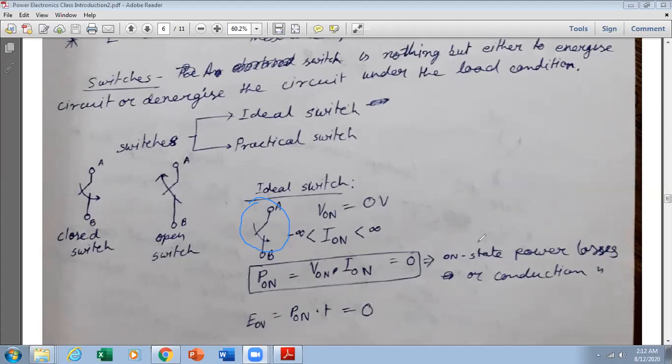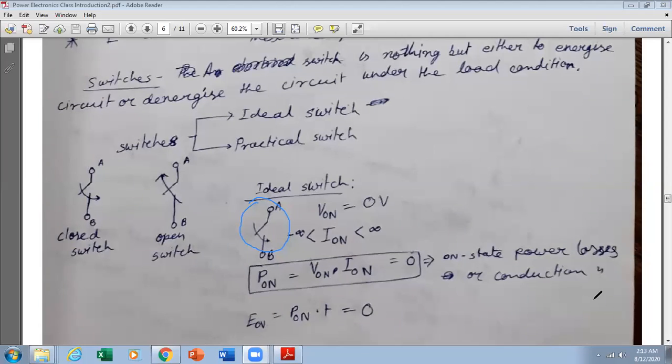It is called on state power loss or conduction loss. Why conduction loss? Because the switch is closed, current is passing, so conduction is happening. So conduction loss is V on times I on, equal to 0 for an ideal switch.